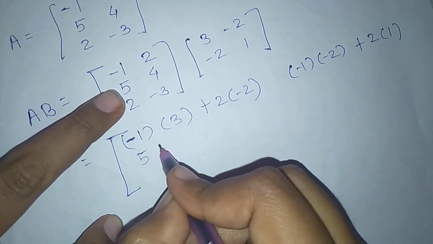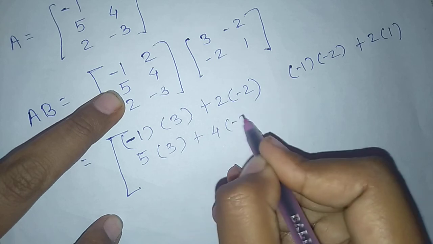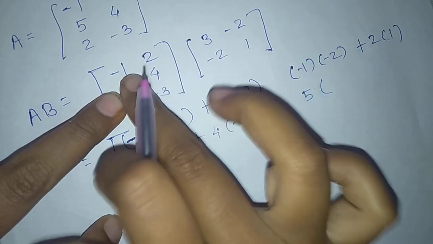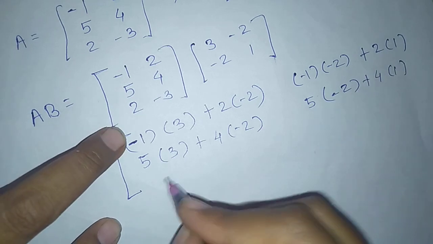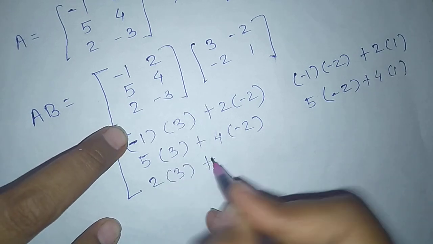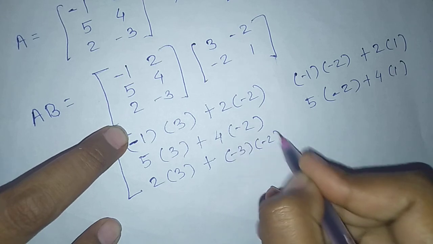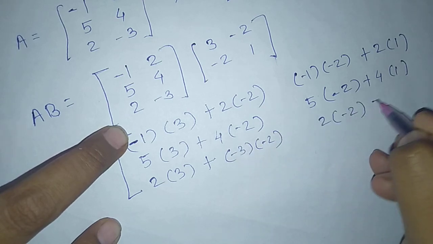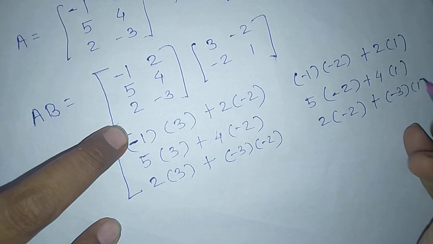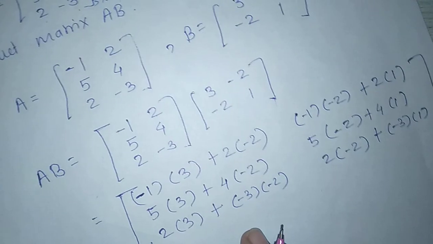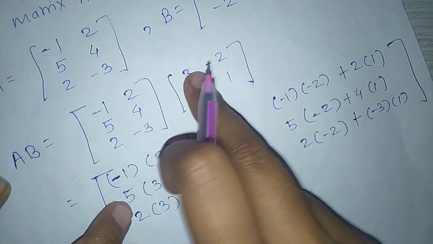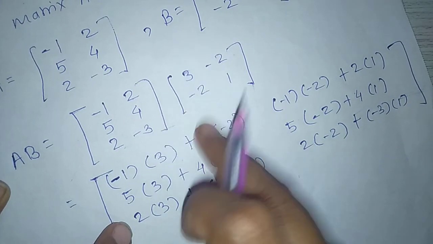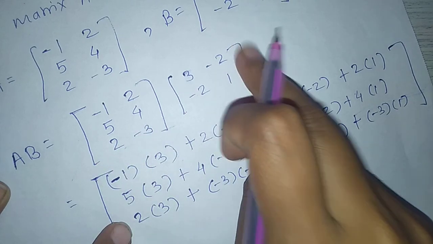Next, 5 into 3 plus 4 into minus 2. Next, 5 into minus 2 plus 4 into 1. Next, 2 into 3 plus minus 3 into minus 2. Then 2 into minus 2 plus minus 3 into 1. These are the first row first column, first row second column, second row first column, second row second column, third row first column, third row second column.